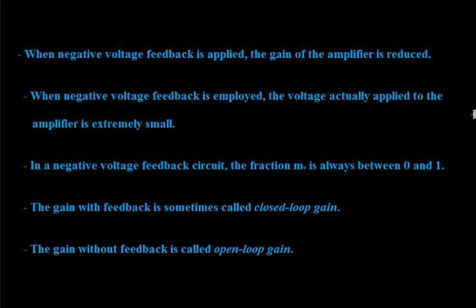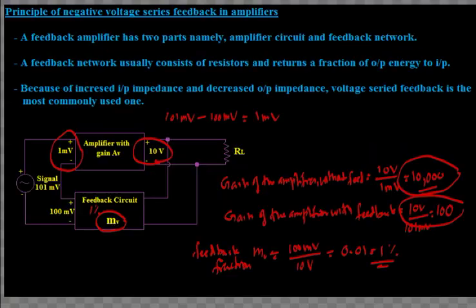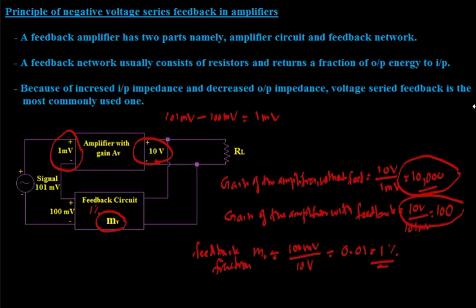Another point is that when negative voltage feedback is employed, the voltage actually applied to the amplifier is extremely small. In the example which we have discussed here, you can see that even though the signal voltage is 101 millivolt, the actual input voltage appearing across the input terminals of the amplifier is only 1 millivolt.